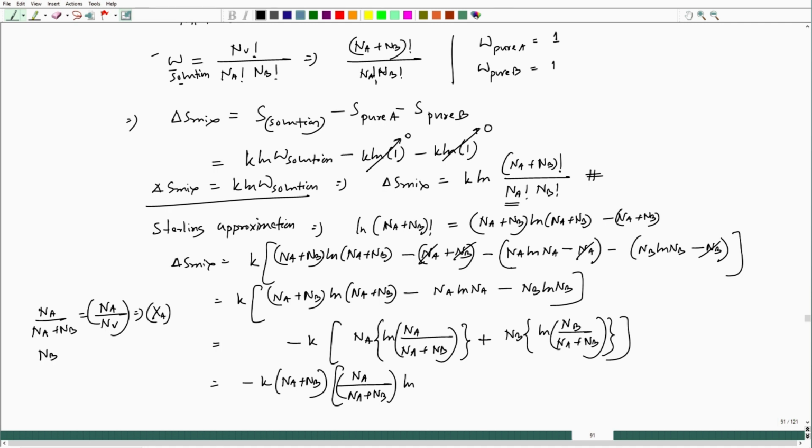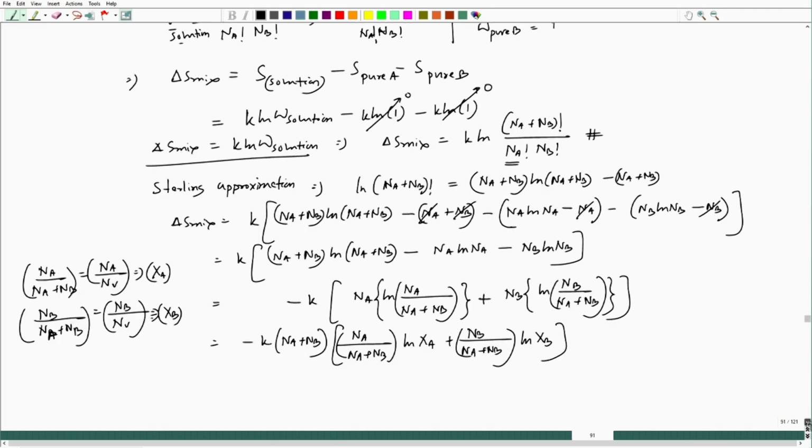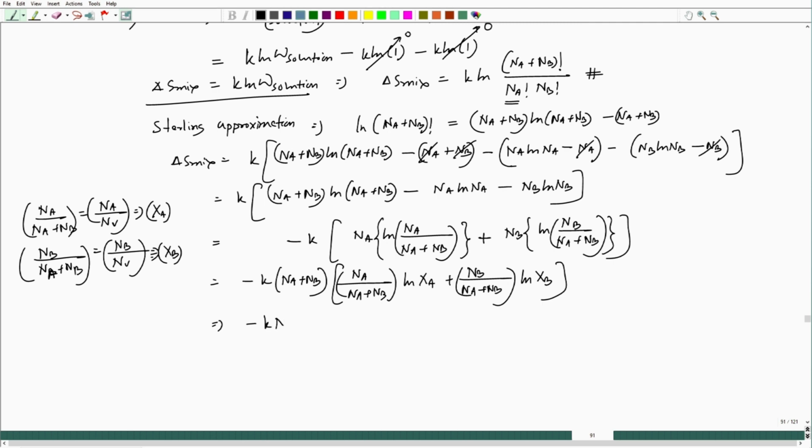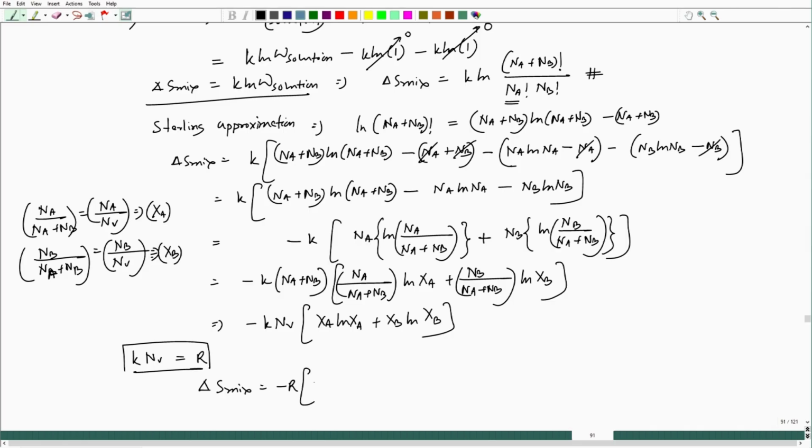Similarly, N_B divided by N_V equals X_B. So finally, we see minus k N_V times (X_A ln X_A plus X_B ln X_B). And k times N_V, the Avogadro number, is nothing but the universal gas constant. So, del S mix equals minus R (X_A ln X_A plus X_B ln X_B).